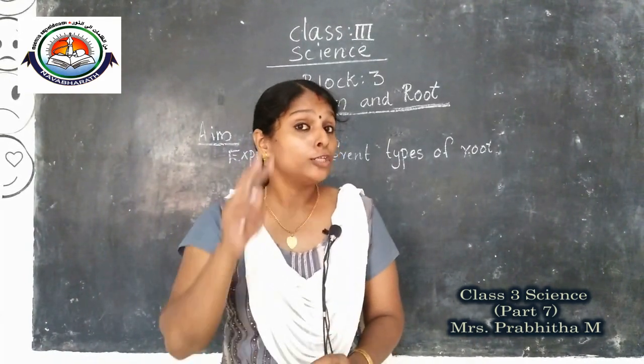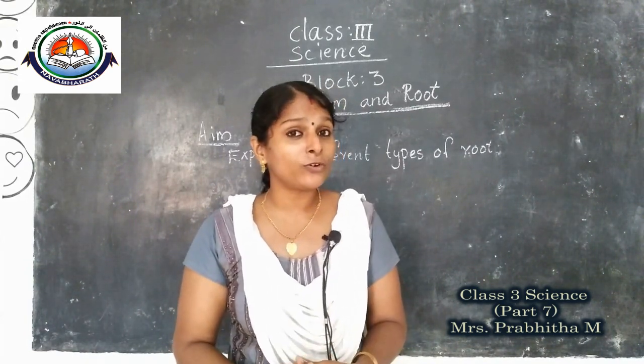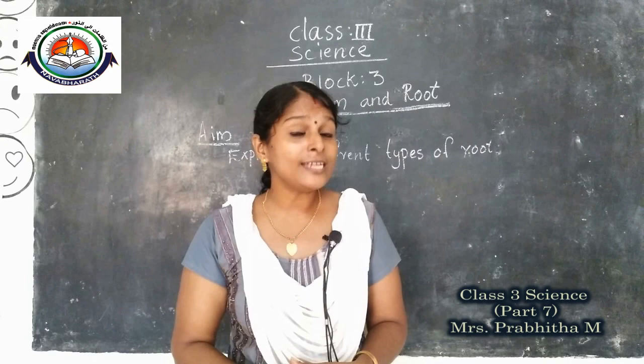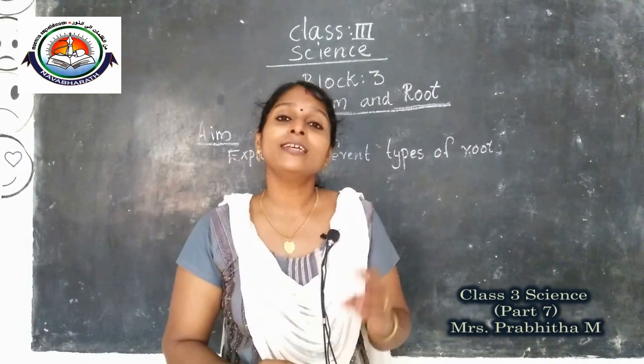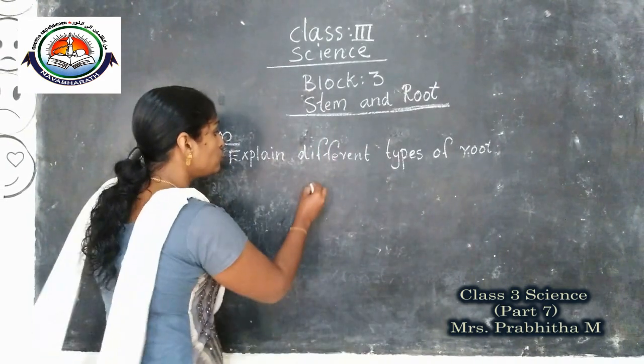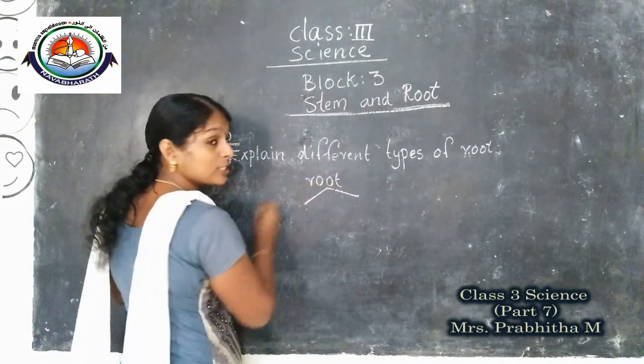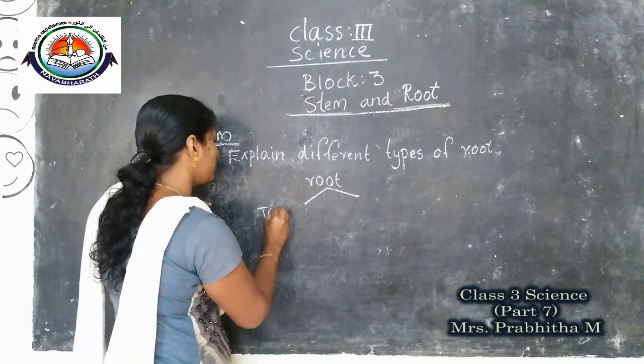How many? Two types of roots are there. Which are the two types of root? First one is tap root and second one is fibrous root. Roots are divided into two. First one is tap root.